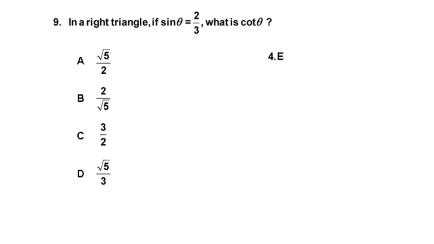Now, number 9, a right angle, if sine theta equals 2/3, what is cotangent theta? Well, in this case, 2 is going to be on the numerator here, is going to be our opposite side, and 3 is going to be our hypotenuse. So we can draw a triangle representing those dimensions.